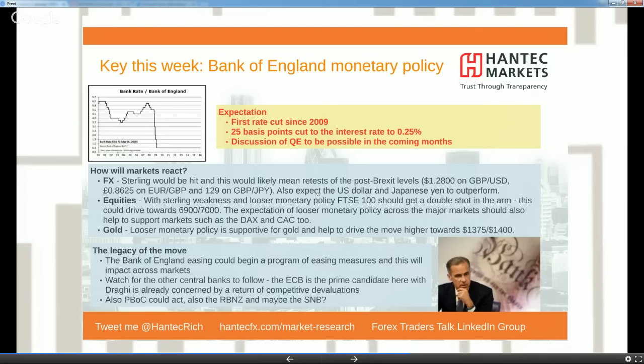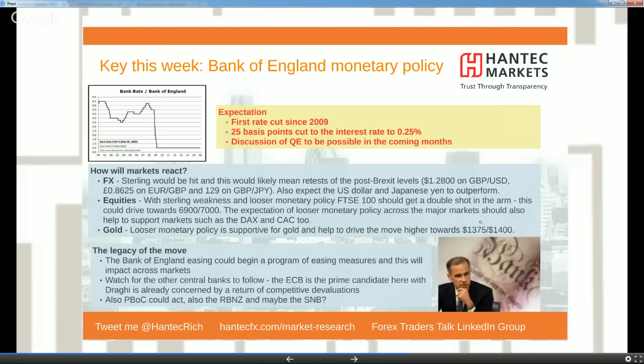because it'll have an interesting legacy on the others, and I'll talk about that just down below. First of all, on equities, sterling weakness and looser monetary policy for the FTSE 100 would be bullish for FTSE, I think, because as you saw in the post-Brexit moves, FTSE found support and was quite strong on the weaker sterling.